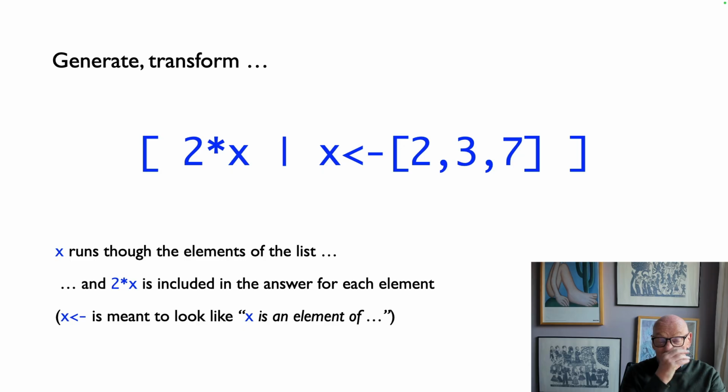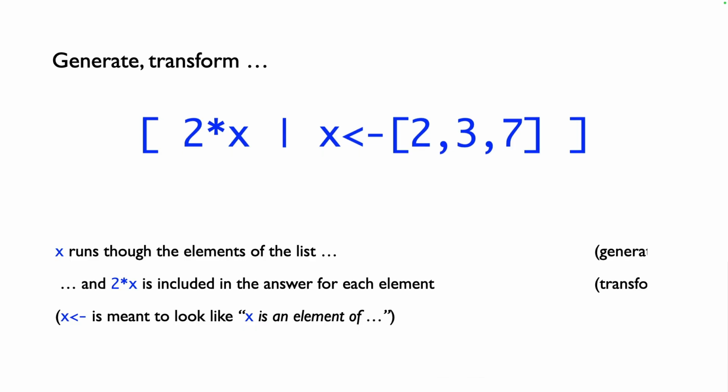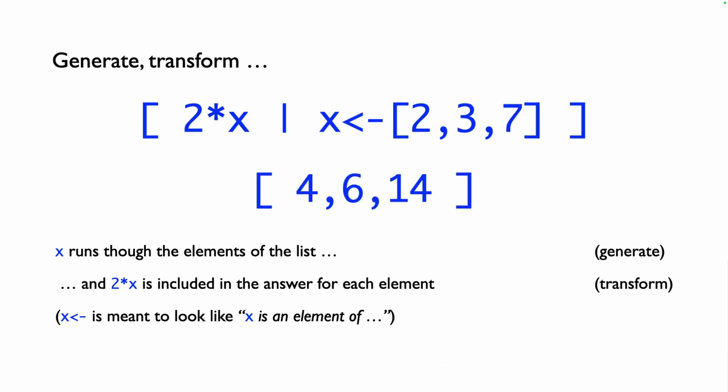So x runs through the elements of the list 2, 3, 7, and 2 times x is included in the result. So what we get is the list 4, 6, 14, because 4 is 2 times 2, 6 is 2 times 3, and 14 is 2 times 7.